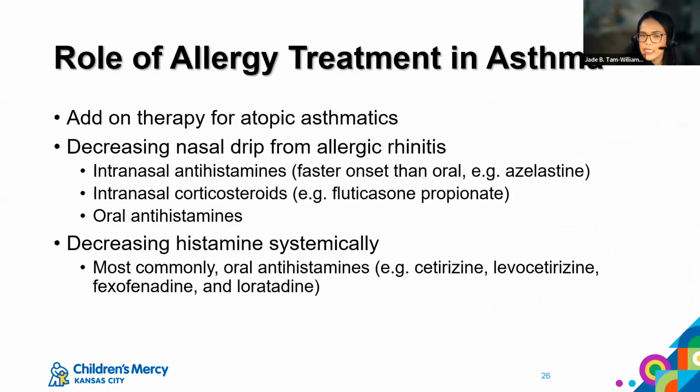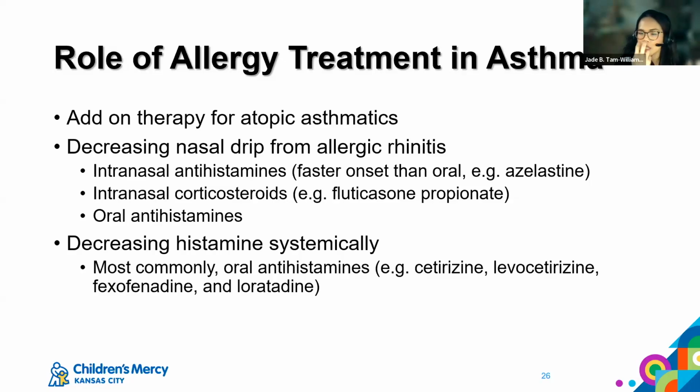Oftentimes allergy treatments are considered add-on therapy for allergic asthmatics. How do they work? Well, number one, they work by decreasing the drip from the nose. If your nose is not dripping, then you're not going to get that in your airway and you're not going to cough as much. So trying to get the nose under control seems to be a component.